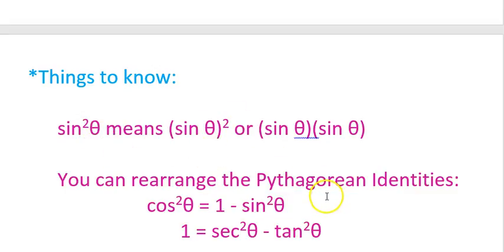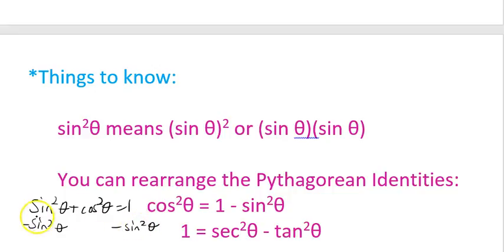Something else that can happen is that you can rearrange the Pythagorean identities just like you were solving an equation. This first one is rearranging sine squared plus cosine squared equals 1. To get to this, all they've done is subtract sine squared from both sides, so that they're left with cosine squared on this side, and over on the right you have 1 minus sine squared.